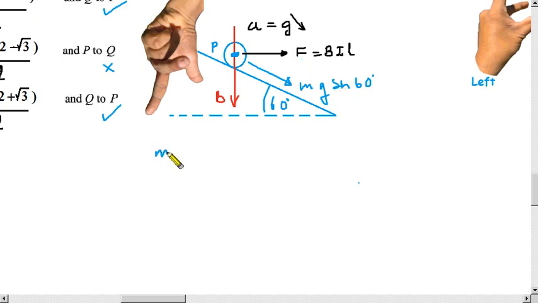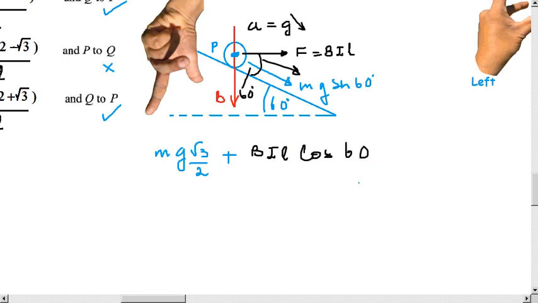So mg sin 60, root 3 divided by 2, plus the component of this one, BIL, this one also 60, cos 60, because we are turning towards the angle.